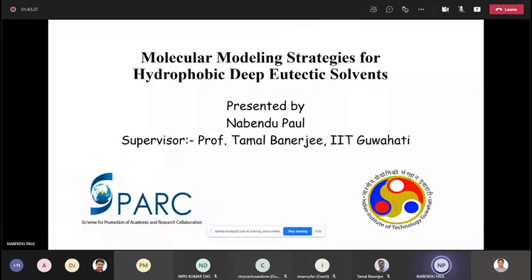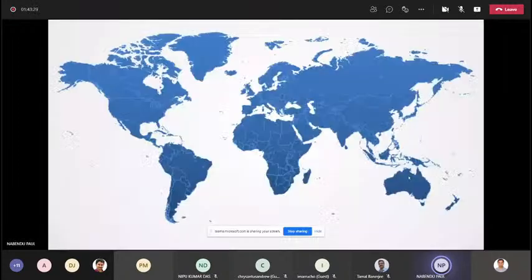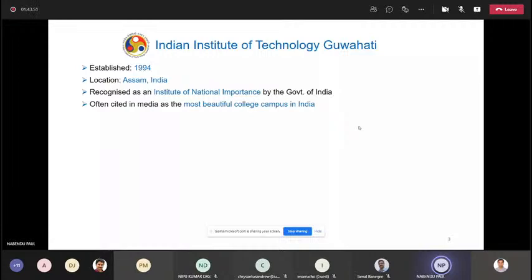Before starting my presentation, I'd like to show you where our campus, IIT Guwahati, is located. It is the world map, and you can see India's map here. IIT Guwahati is located in the northeastern part of India in the state of Assam. It was established in the year 1994 and it is recognized as an institute of national importance by the government of India.